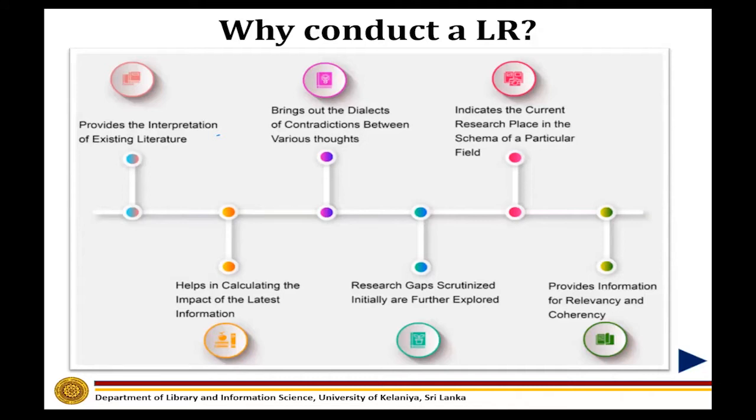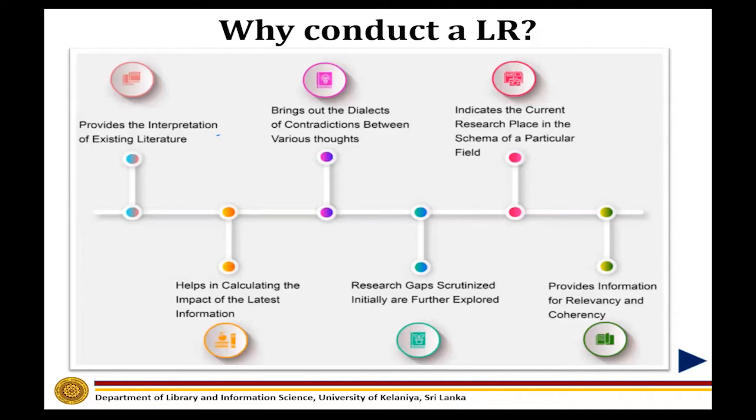They will be using it in a different way. So you won't be able to identify those contradictory ideas if you are not conducting the literature review in a quality way, right? Those contradictions and ideas are really important for you to start your research. So that's again really important.